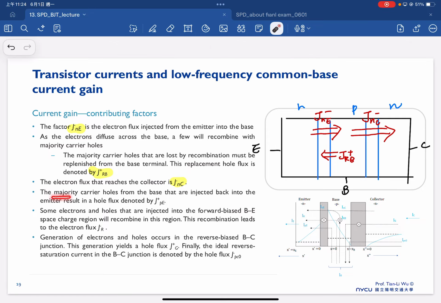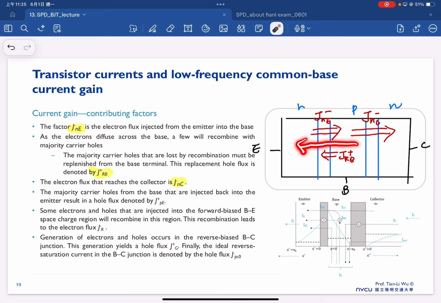The majority carrier holes from the base are injected back into the emitter, resulting in a hole flux denoted as JPE plus. So the holes from this base region are injected back to the emitter, because this is under forward bias. So you will have electrons going from the left to the right, but you also have holes going from the P to the N as well.